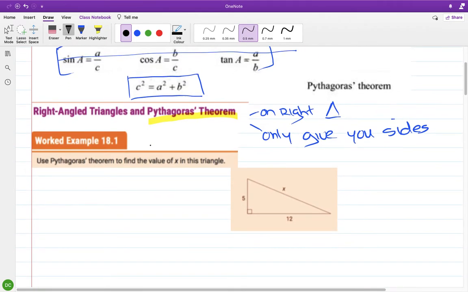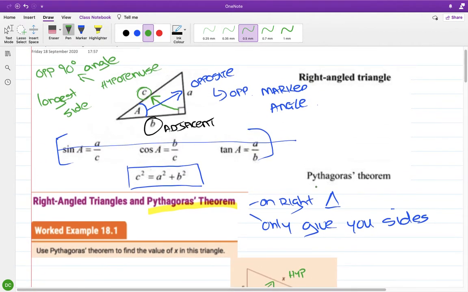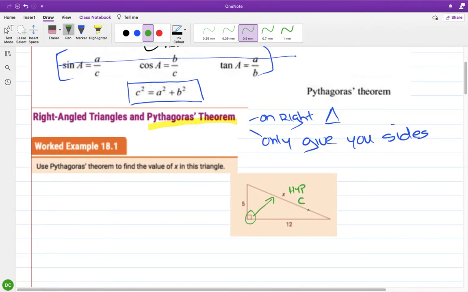So let's try. Use Pythagoras' theorem to find the value of x in this diagram. Here's the right angle over here. The side opposite it, which is x, is the hypotenuse, and if I link that back up to my diagram, I'm going to call that C. Now, the next thing I should get is the opposite, and the way you get the opposite is by finding the marked angle. Hopefully you can see that neither of those two angles are marked.